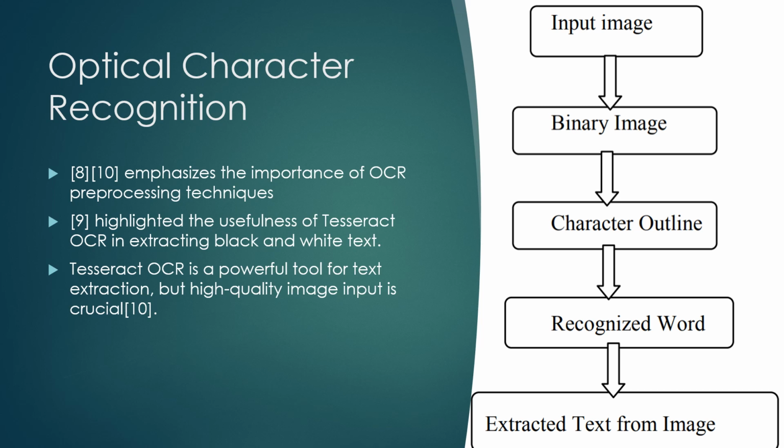Tesseract's recognition algorithms are then used to determine the character outlines using statistical and pattern matching techniques. Using its training data and language models, the engine groups individual characters into words and calculates the likelihood of specific sequences. The result is the identified text that is extracted from the input image.